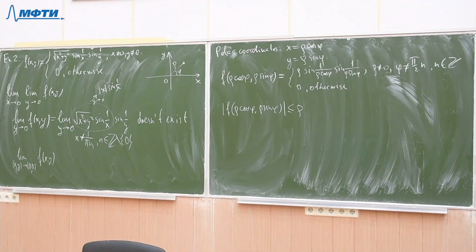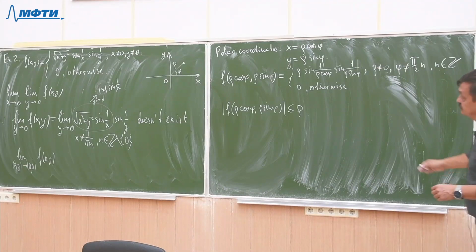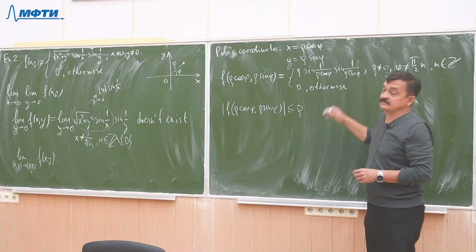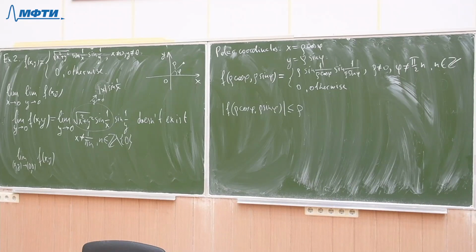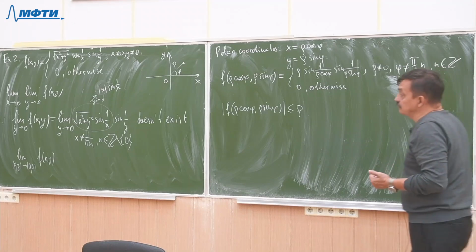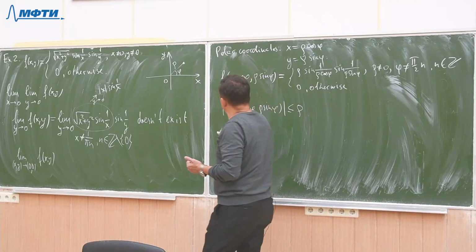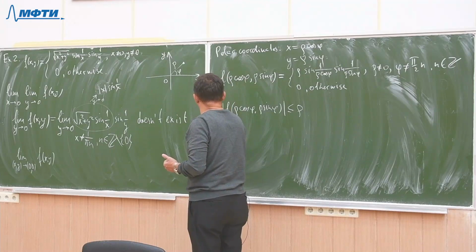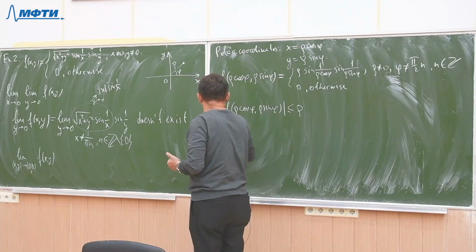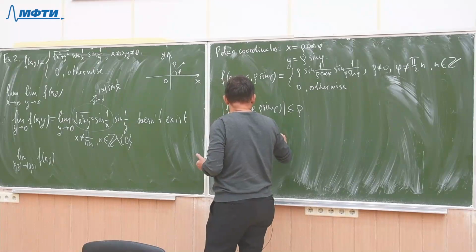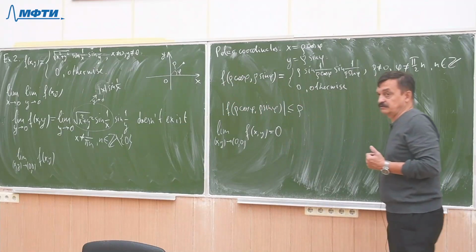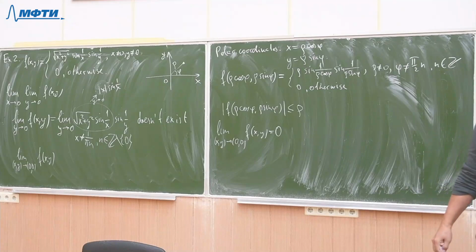The estimation is like that, right? Because the modulus of sines is less than or equal to 1, right? So we may forget about that. Now, I want to prove that the limit as x, y tends to 0, 0 of f of x, y equals 0.